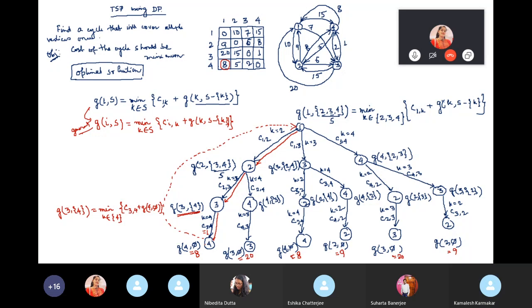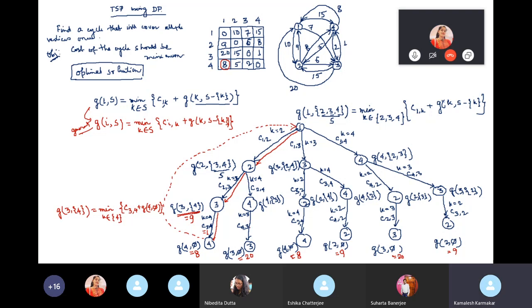Yes, sir. So what will be the value of this G34? C34 equals 1 and G45 equals 8. So in the recursive call, this value will be 1 plus 8. So this value is 9.